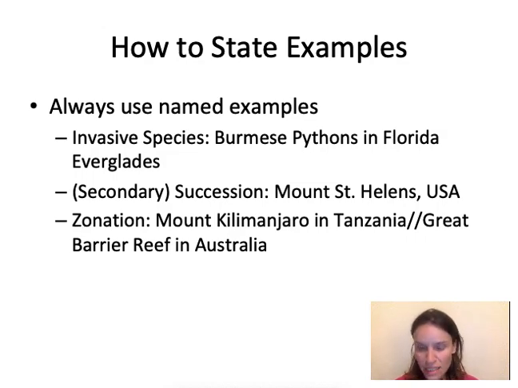But it's a really good example of everything being buried in volcanic ash, and then the succession starting not from a bare surface, but from a really covered surface, so there was an ecosystem there, but it was undercover. So that's a good example of secondary succession.